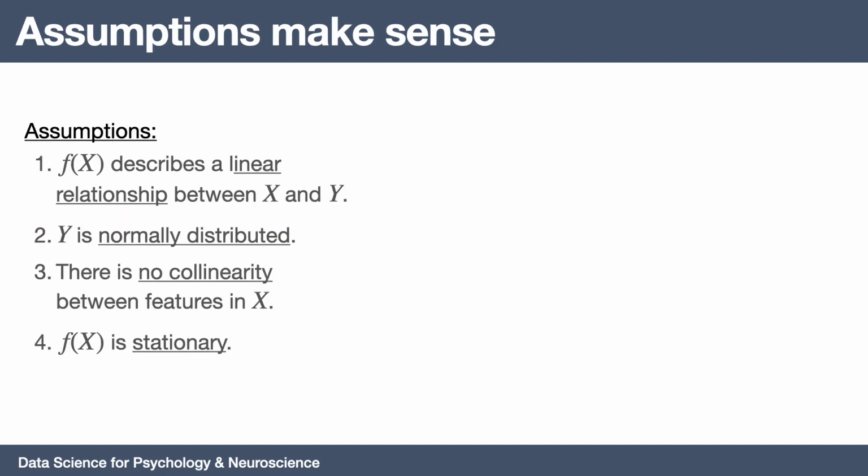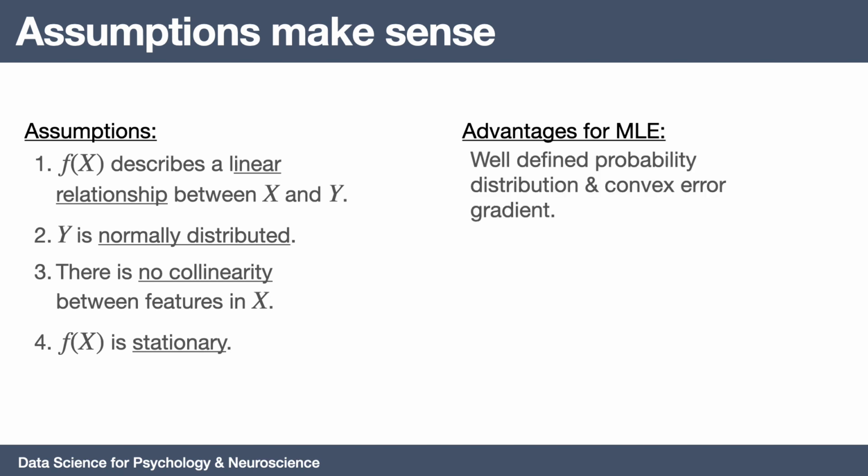So taking a step back, we can start to understand a little bit how the original assumptions make sense in the context of the maximum likelihood solution for the ordinary least squares problem. With MLE, in this context, it provides a well-defined probability distribution and convex error gradient. That convexity is important.